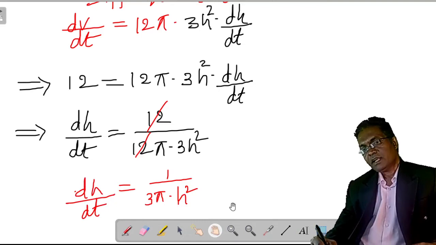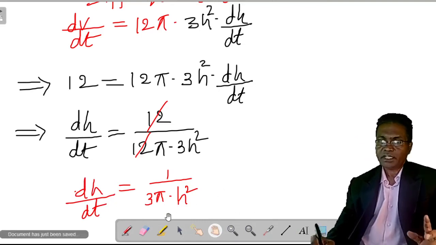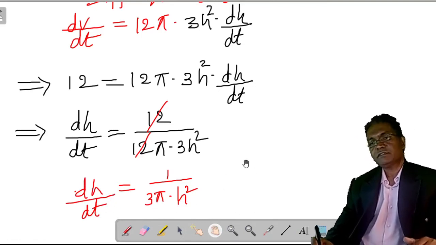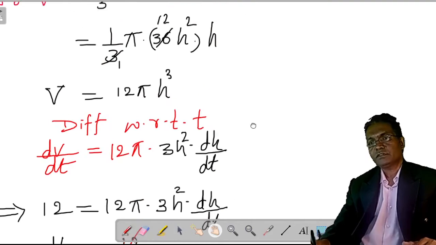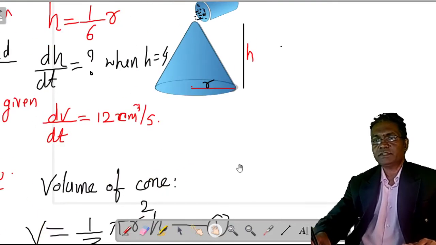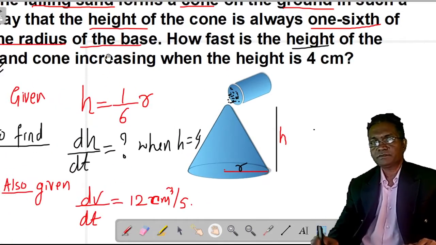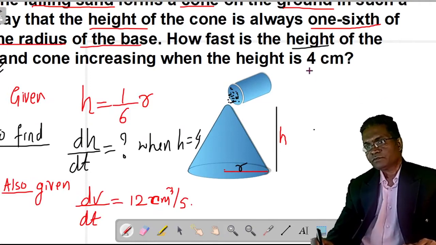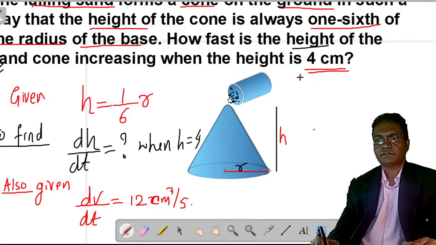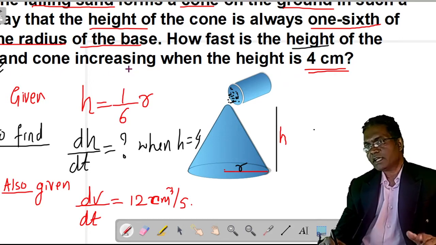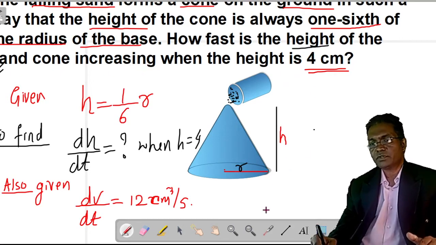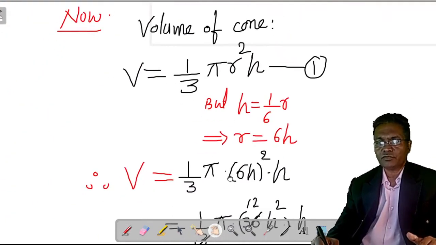Now you are asked the rate of change of h when the height of the sand cone reaches 4 centimeters. So put h is equal to 4.